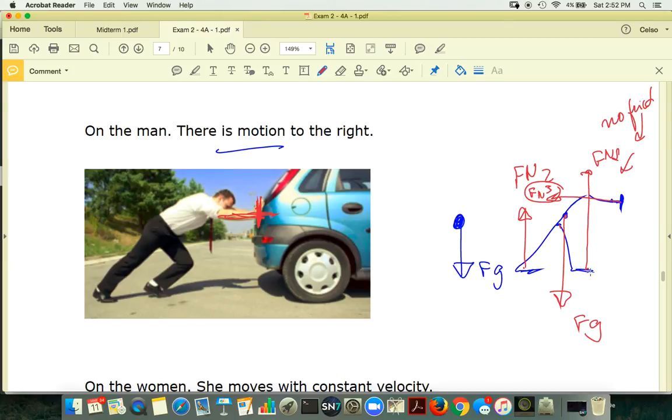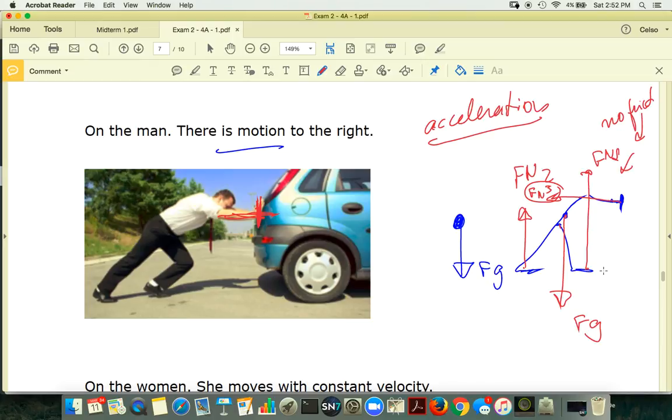Which means, if there is motion to the right, let's say there is acceleration, he starts moving the car.